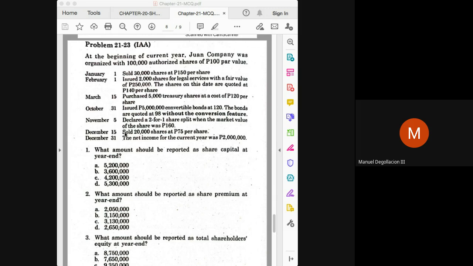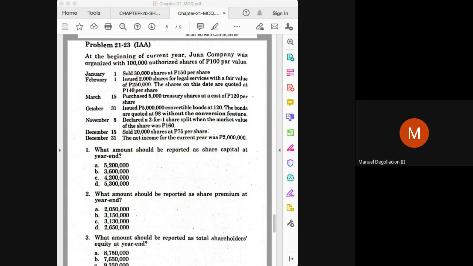Okay, so debit cash at 6 million. That is 5 million times 120%. And then credit the bonds payable at its fair value of 98, which is 5 million times 98.